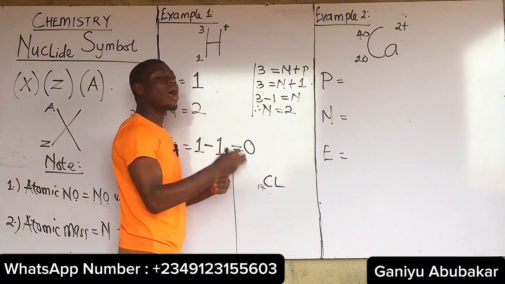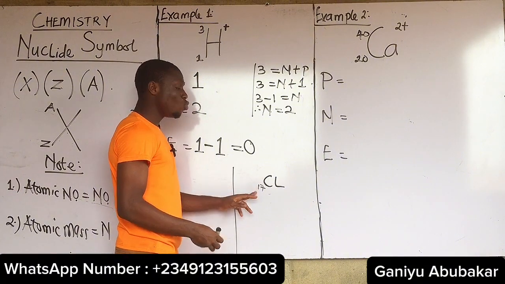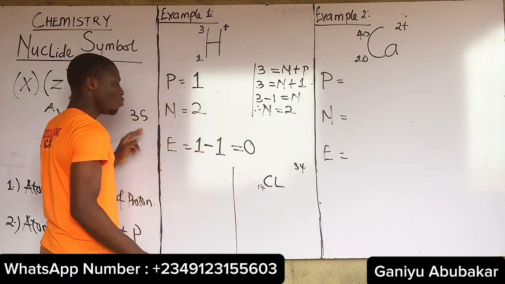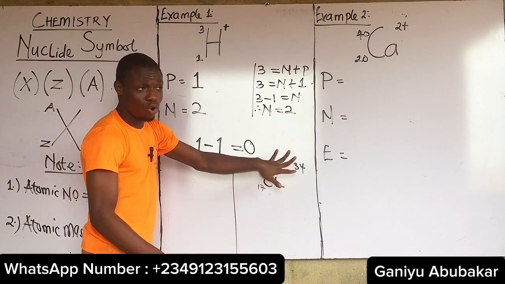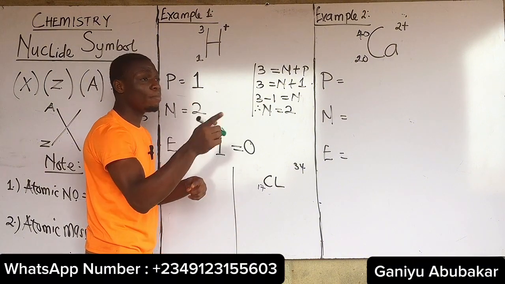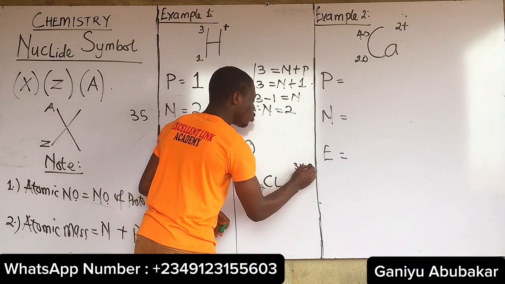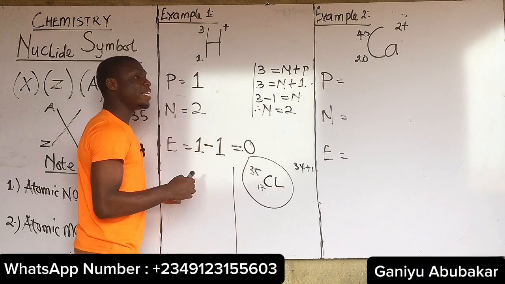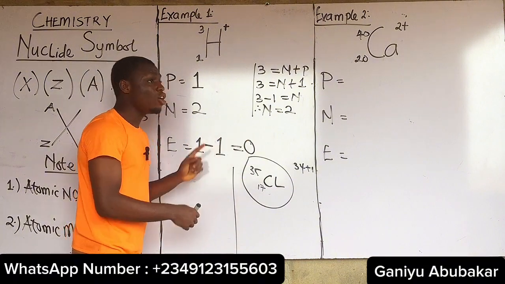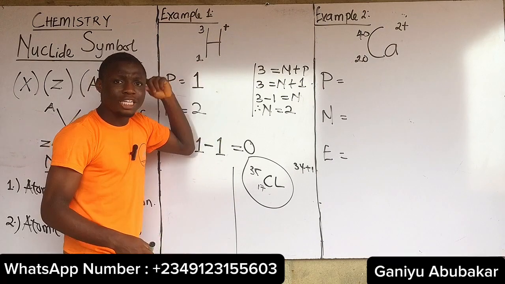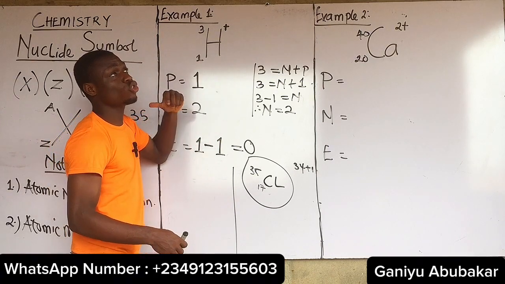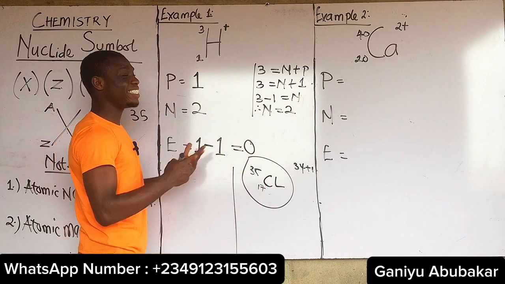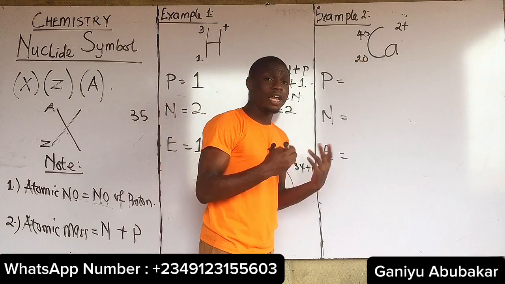The condition is twice the atomic number. 17 times 2 gives 34. But this is not 35. If that one doesn't work, add plus 1, and that gives 35. So the mass number of chlorine is twice the atomic number plus 1. There are some other cases which are twice the atomic number minus 1. But this is the concept behind guessing how to get the mass number of an element.